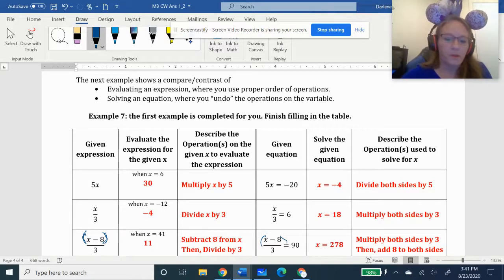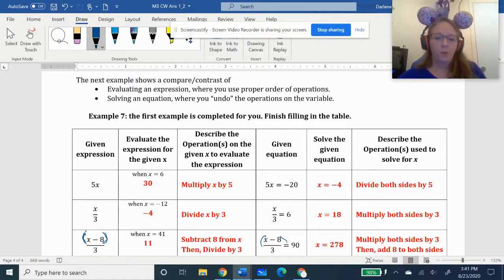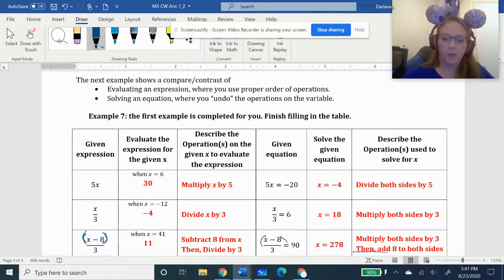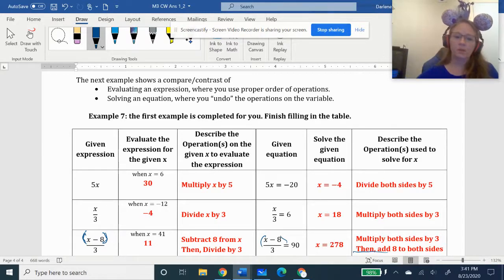So parentheses is stronger than division. So you take the weaker operation, division, and you do its opposite operation, multiplication, first. So multiply both sides by 3, then do the opposite of subtraction and add 8 to both sides. So now, pause the video, try the next one.